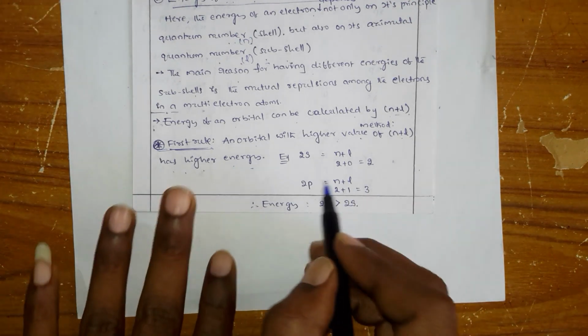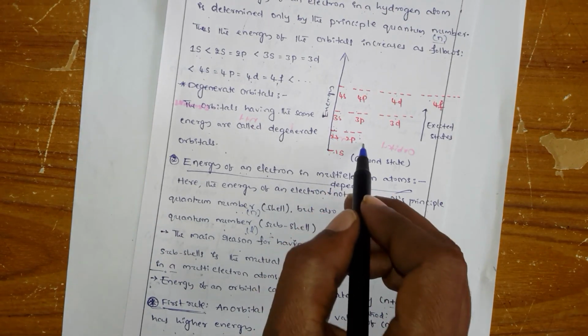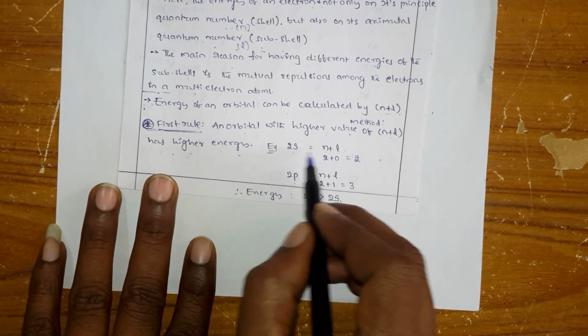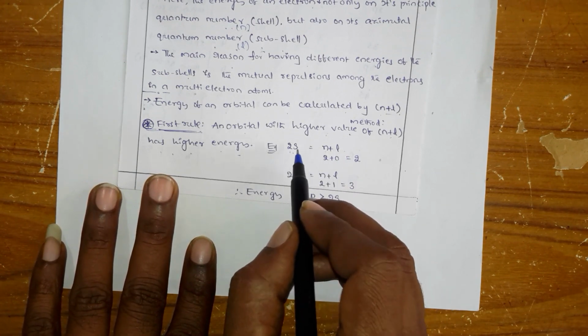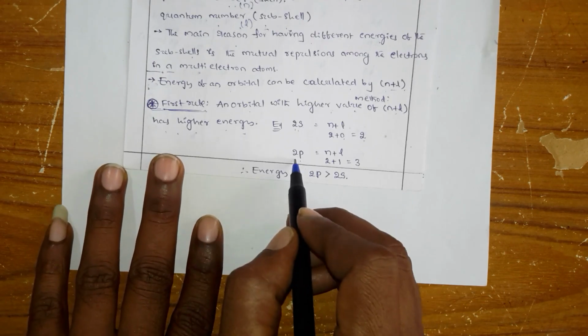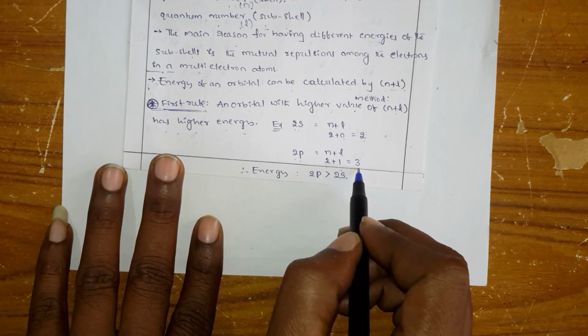How is that? Suppose 2s and 2p were both at one level earlier, but look at the n plus L value. For 2s, the n value is 2, the L value is 0, so overall it is 2. But for 2p, the n value is 2 and the L value is 1, so overall it is 3.